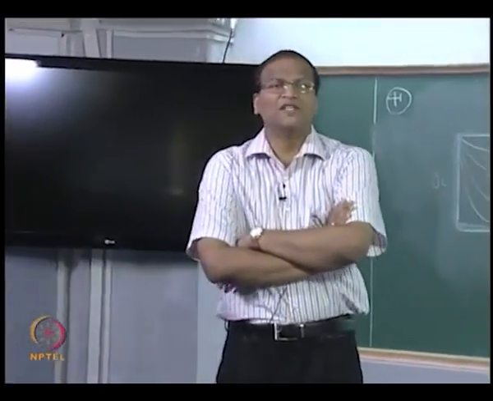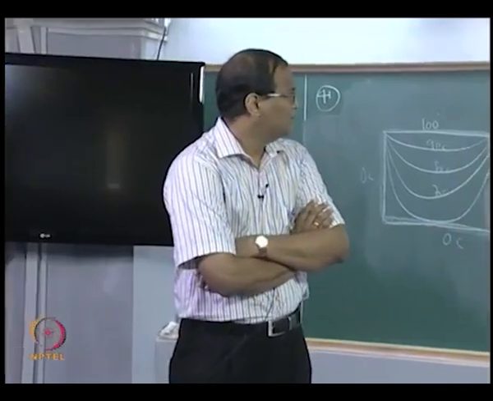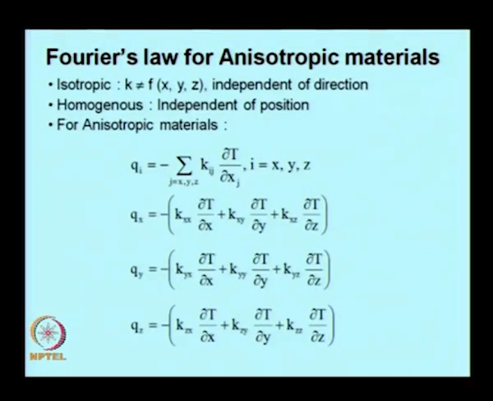Now there are some materials which are anisotropic. An isotropic material is one in which the thermal conductivity is independent of direction, that is, thermal conductivity in x direction is the same as in y and z direction. If kx, ky, kz depend on the direction, it is called an anisotropic material. A homogeneous material, on the other hand, is a material in which the properties are independent of position.